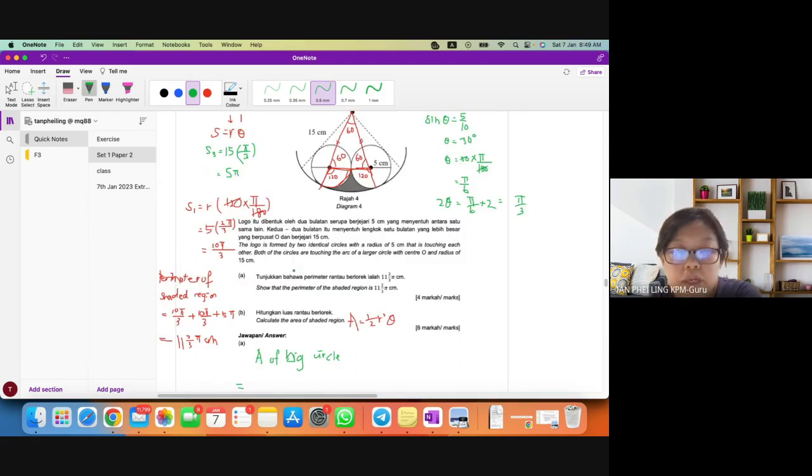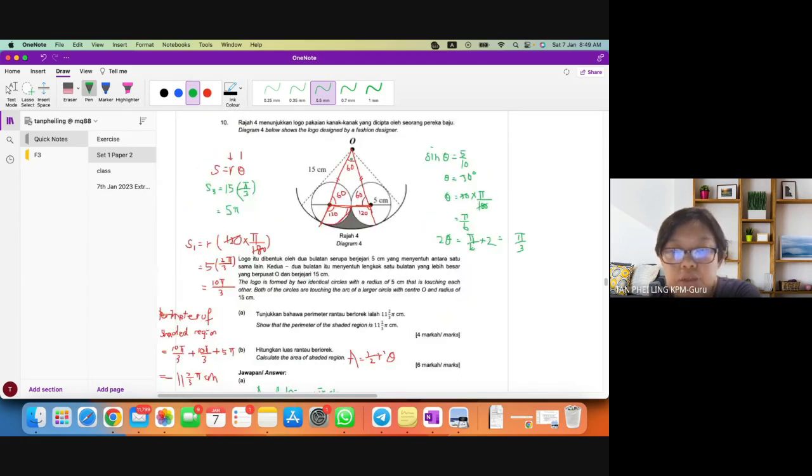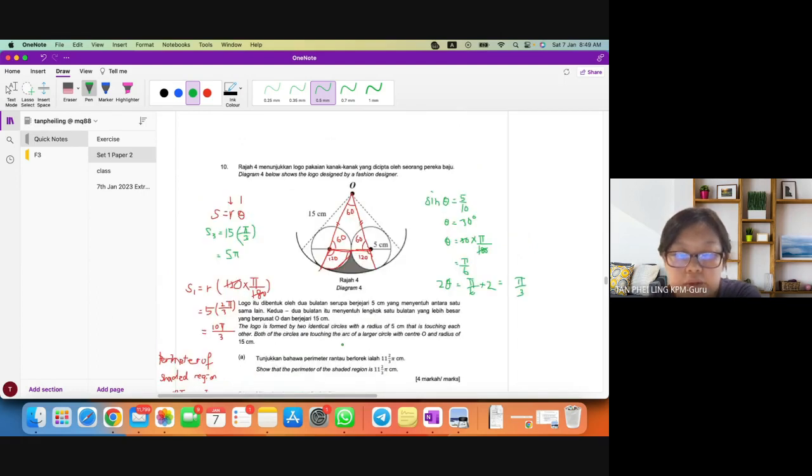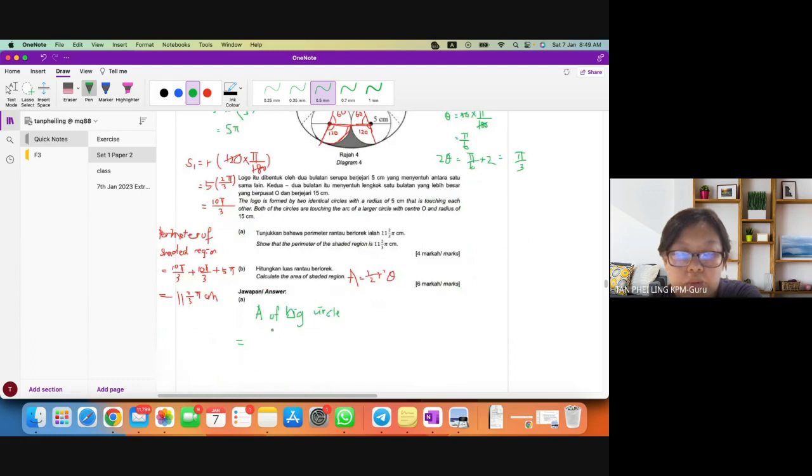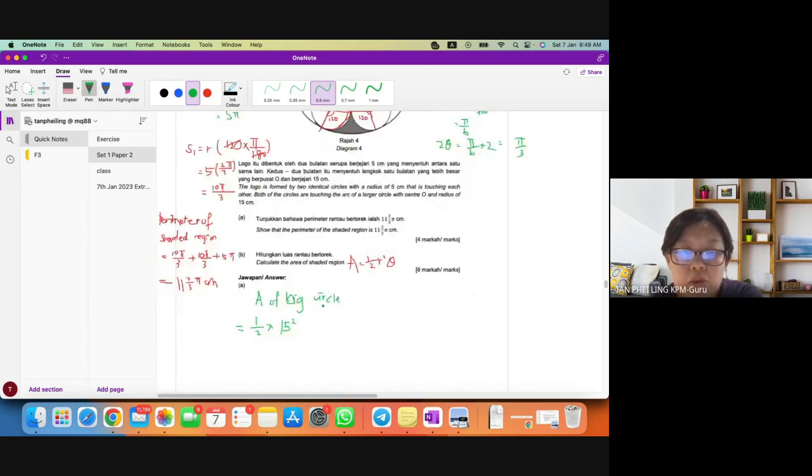The area here will be half times r square, r is 15, theta will be pi over 3. Same thing like just now. So our area will be half times our r, which is 15 square, and then our theta will be pi over 2. Calculate first.